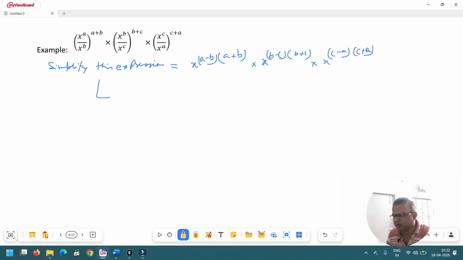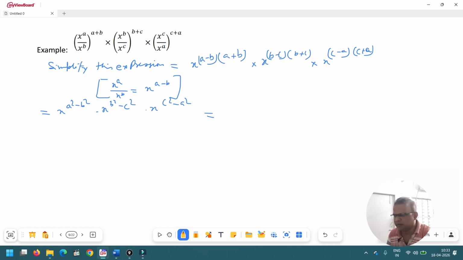Using this formula, x power a divided by x power b is equal to x power a minus b. That is equal to x power a square minus b square into x power b square minus c square into x power c square minus a square.